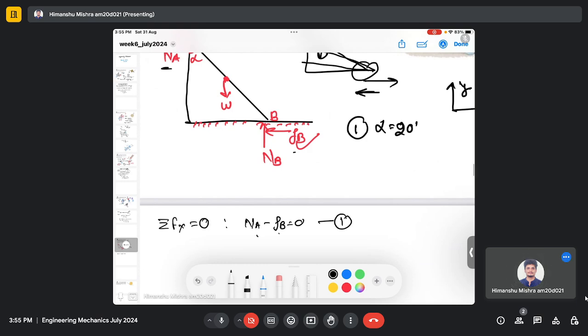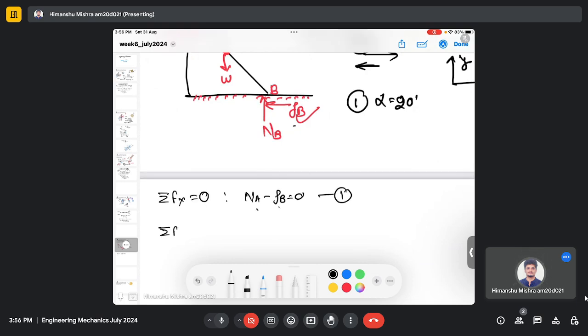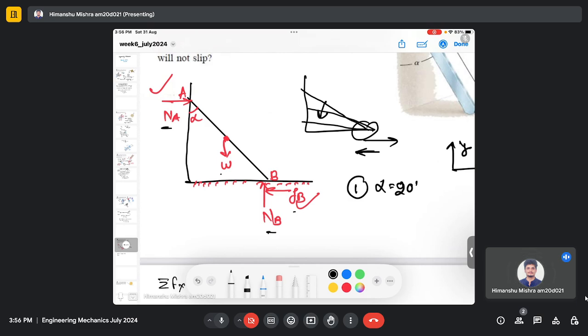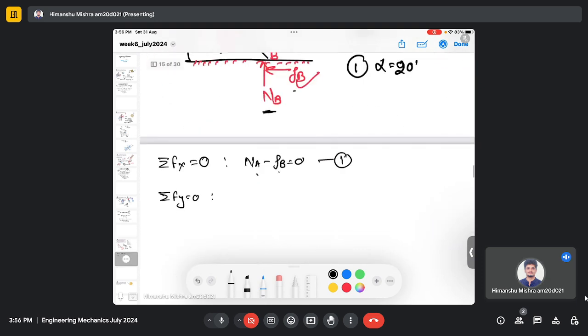If I do the force balance analysis along the y direction and equate it to 0, what happens? There will be a weight, and then there will be a normal reaction NB. So NB minus mg equals 0, which is NB equals mg.